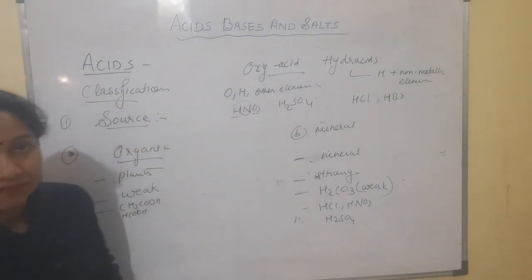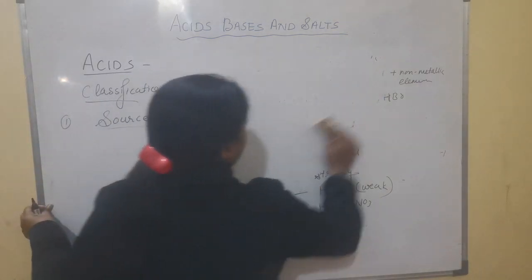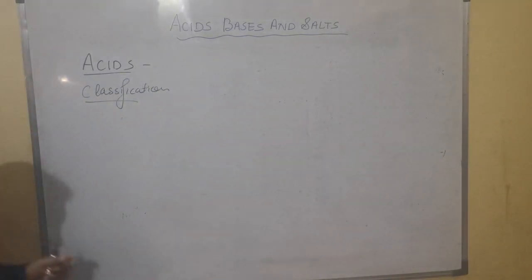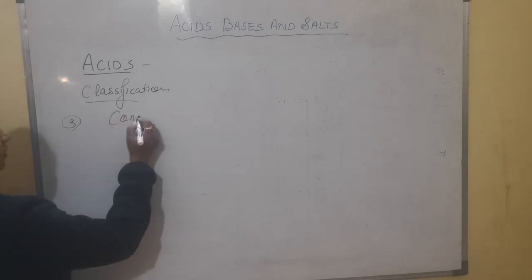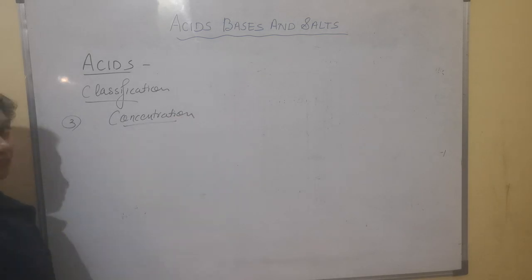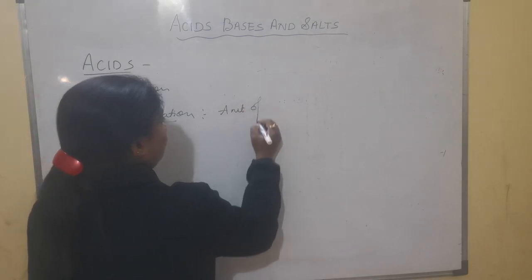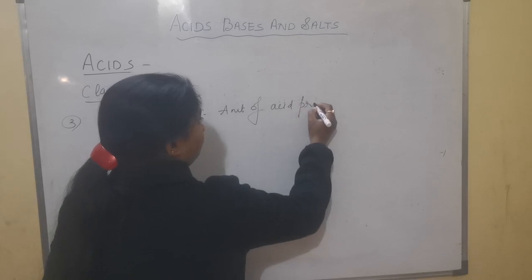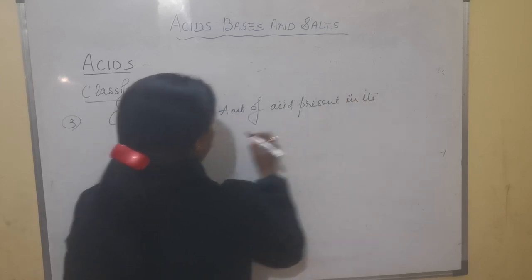Now the next classification we'll see is on the basis of concentration. The third classification is on the basis of concentration, and concentration means the amount of acid present in its aqueous solution.